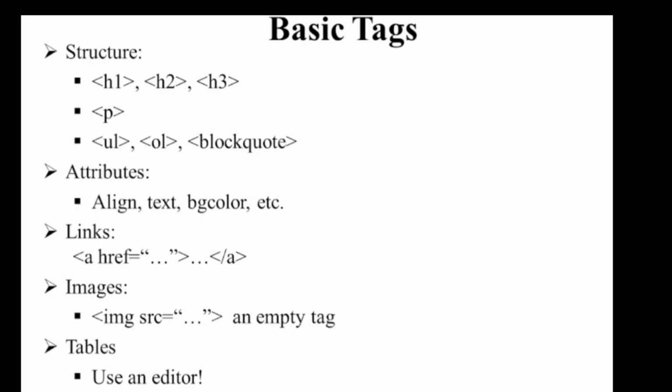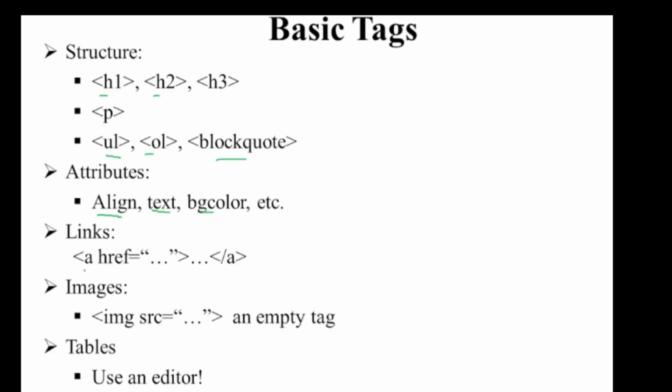The other, the basic tags you have seen now, this is for your revision or summary. There are heading 1, heading 2, heading 3, heading 4, heading 5, up to heading 6. The other, we have paragraph. The other, there is an ordered list and block quotes. These are some structures. When it comes to attributes, we have seen align, text, BG color, and so on. Width and height you can see.